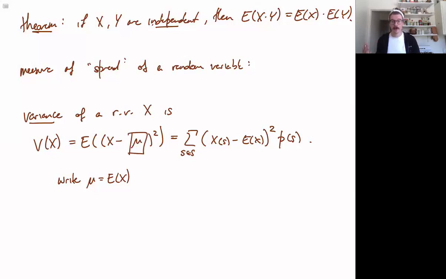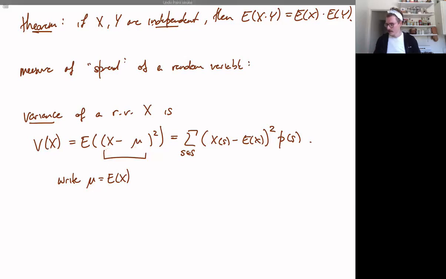Mu is just some number. It's the expected value. And x is our random variable. So this formula here is taking the expected value, which is sort of an average, of the distance between an outcome and the average outcome. So how far are the outcomes from the average is what this is generally measuring.